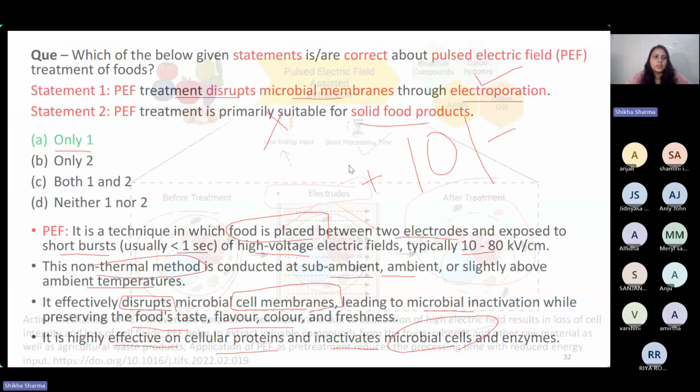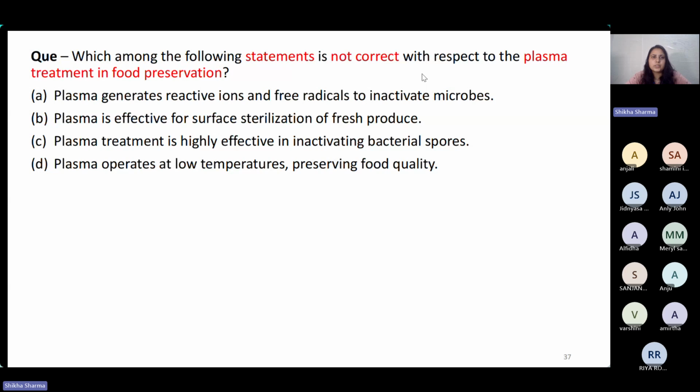Okay, let's see the next question: which statement is not correct with regard to plasma treatment for food preservation? Plasma generates reactive ions and free radicals to inactivate microorganisms. Plasma is effective for surface sterilization of fresh produce. Plasma treatment is highly effective in inactivating bacterial spores.